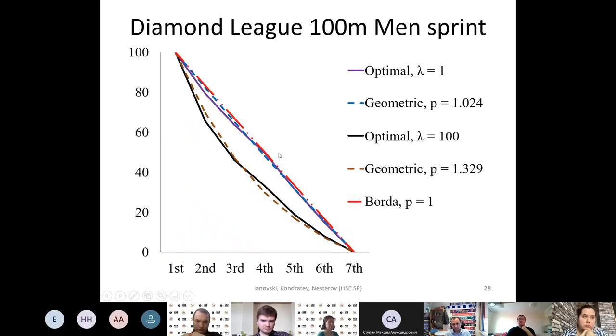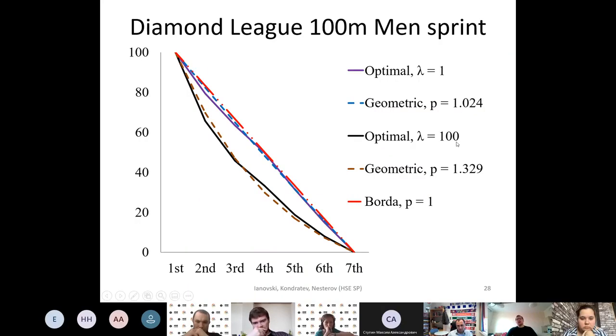In another example, the Diamond League 100-meter sprint, the organizers use the Borda scoring vector, and the optimal vector, in violet, is very close to Borda. The closest geometric scoring vector also has a parameter close to Borda.